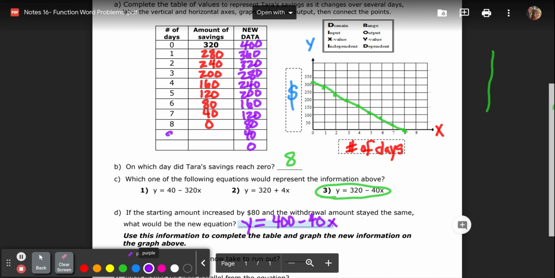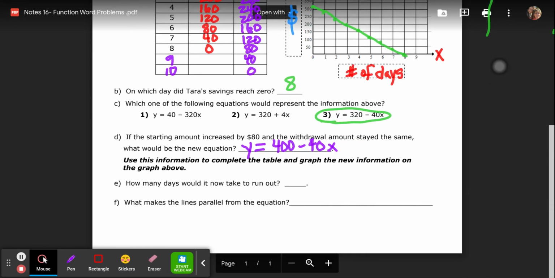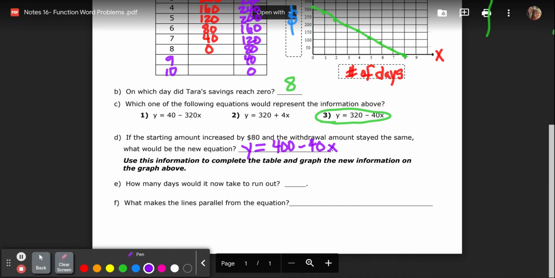So that'll be day 9, and day 10 she won't have any left over. Poor Tara spending a lot. So how many days would it now take her to run out? 10 days. What makes the lines parallel?